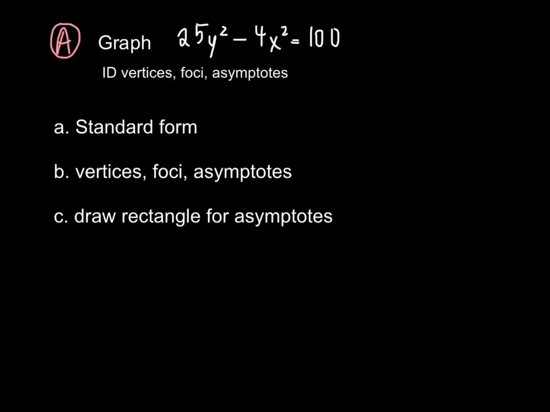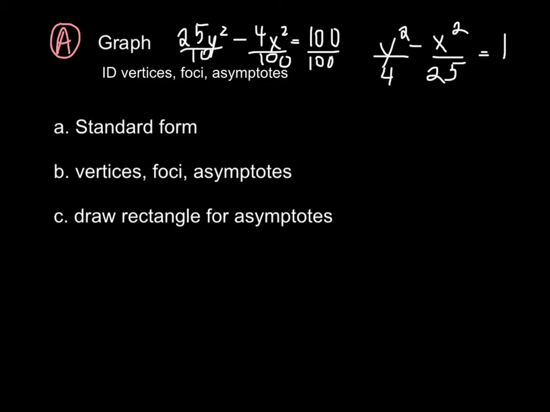So we're told to graph 25y squared minus 4x squared equals 100, and to identify the vertices, foci, and asymptotes. Like with our other conic sections, we first find the standard form of this equation. We do that by dividing by 100 and rewriting it as y squared over 4 minus x squared over 25 equals 1.